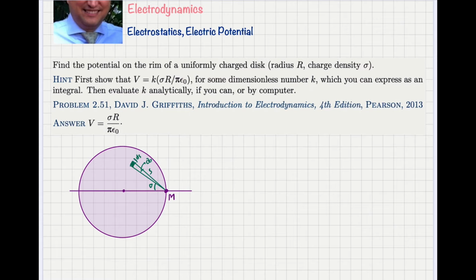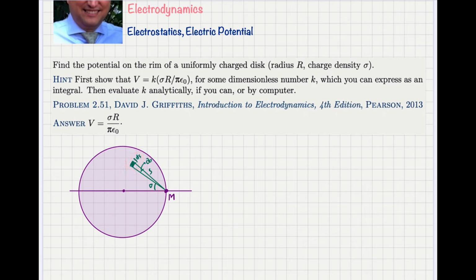I will take this as my infinitesimal charge, and I will treat this as a point charge, which is common in these calculations. I want to calculate the contribution of this charge to the potential at this point.